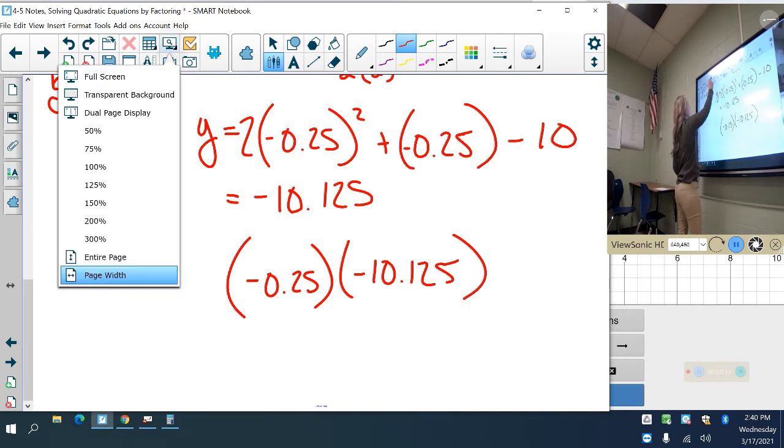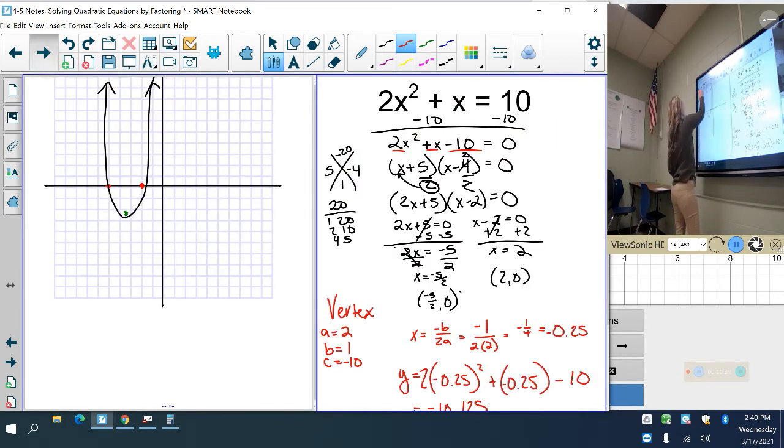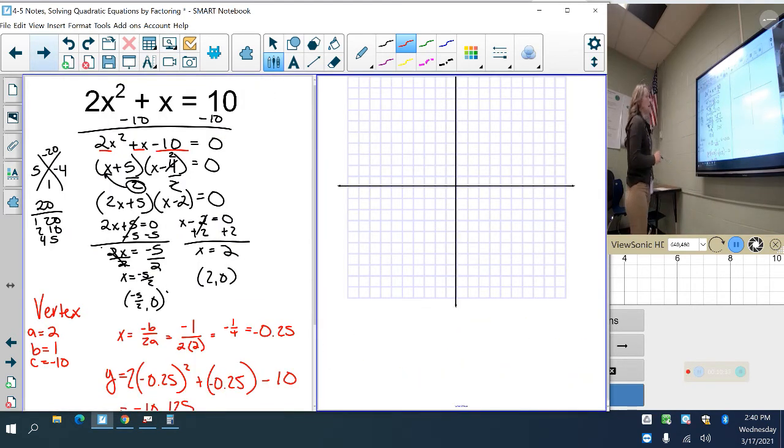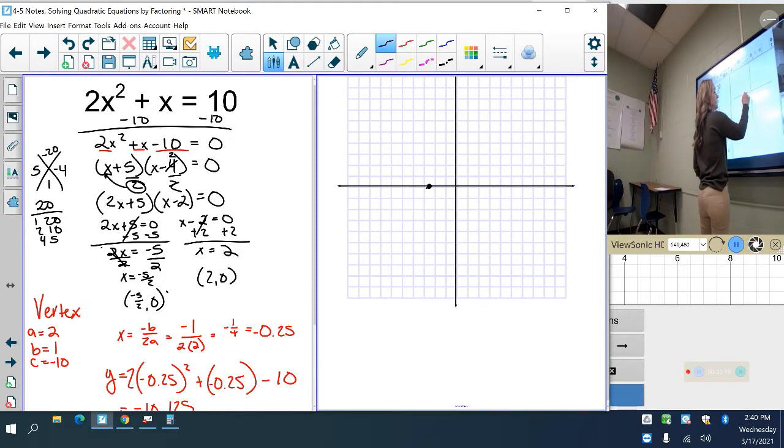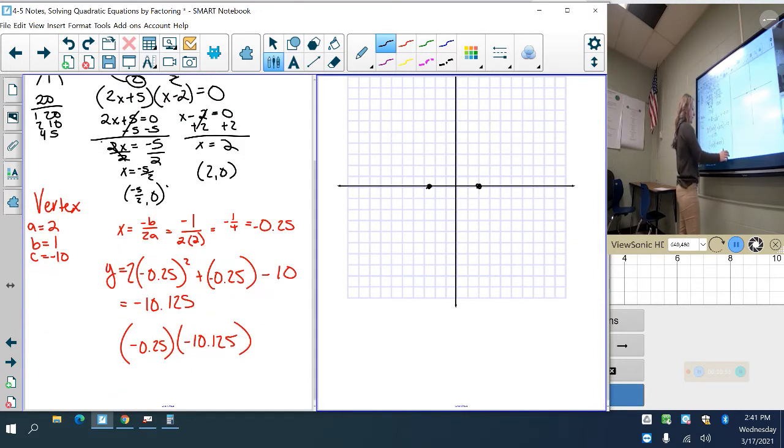Now let's go ahead and sketch a graph using that information. The first two are my two x-intercepts, negative 5 over 2, comma 0, which is just negative 2.5, which is here. And then I have 2, 0, which is here. My vertex is, why did I put 2 parentheses?